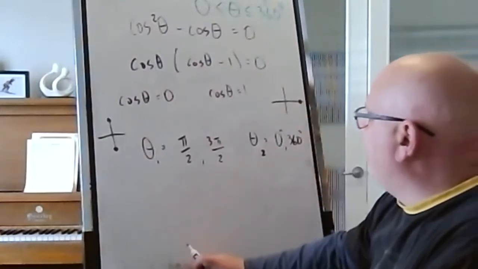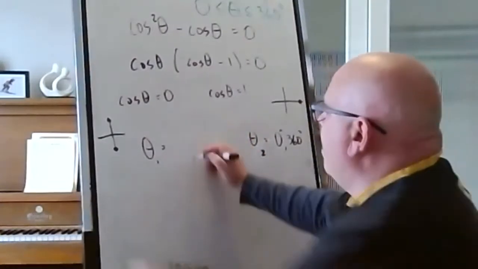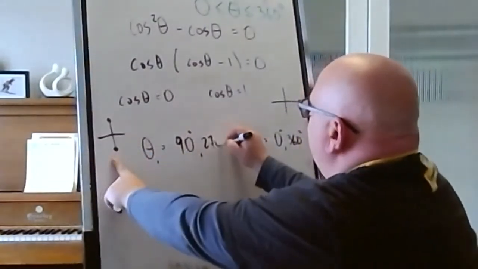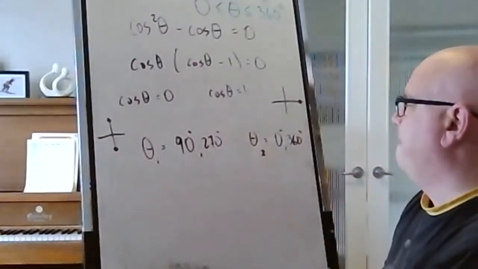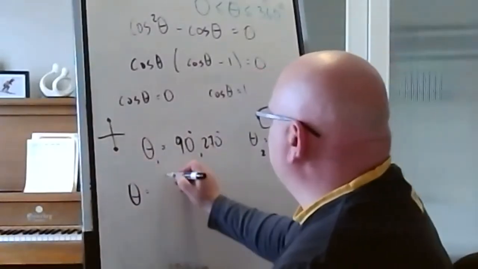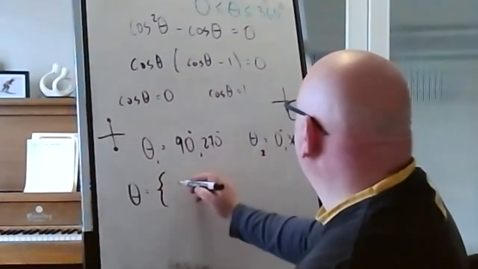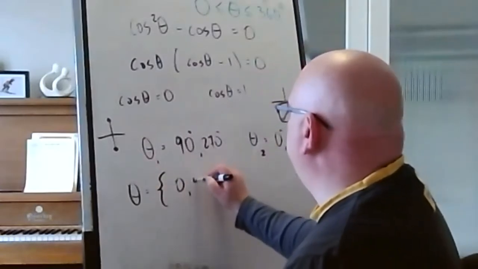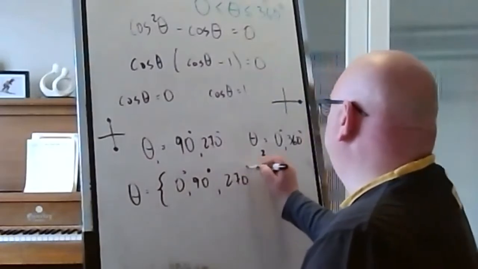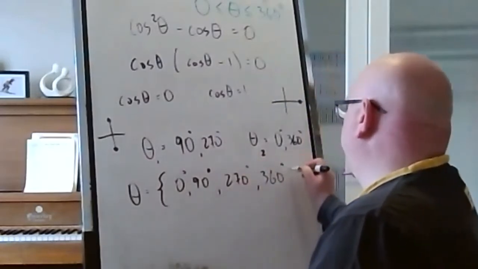Let me change this one, that was a mess up. What do we have here? Instead, we have, let's call this 90 degrees and 270 degrees. So our specific solution to this for that domain is going to be 0, 90, 270, 360.